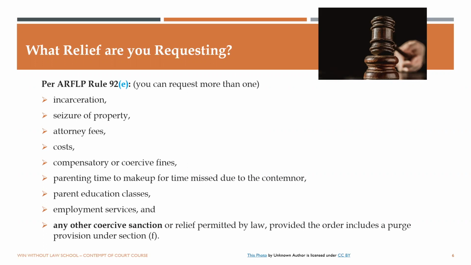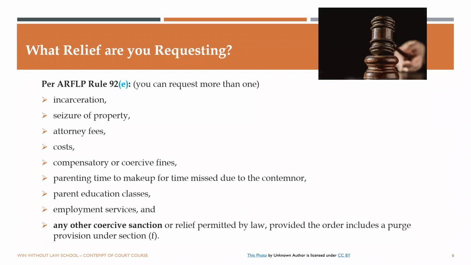So it's a bit of a contradiction. So that's why it's rarely implemented. So even though incarceration is an option under Rule 92E, keep in mind that it's going to be very rare that the court is going to actually order incarceration for a violation of a family law order.